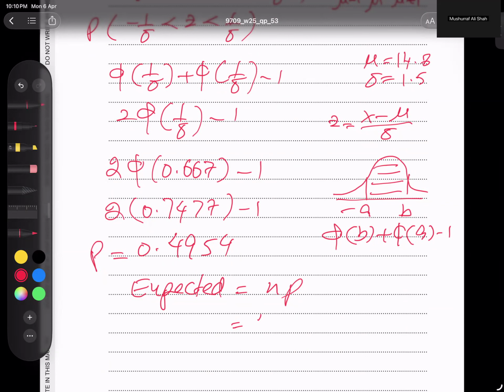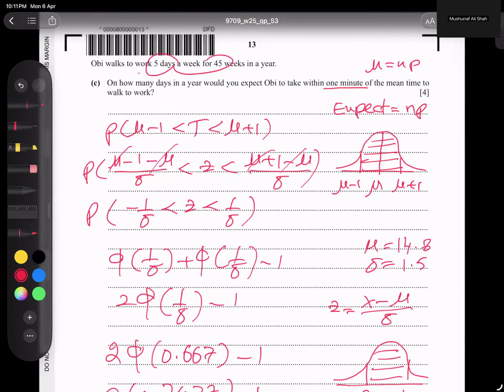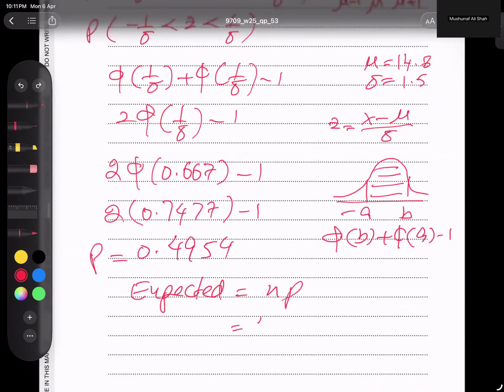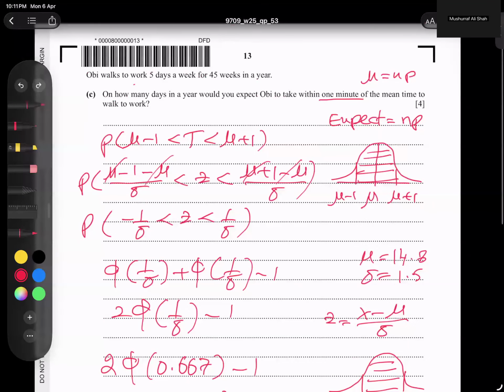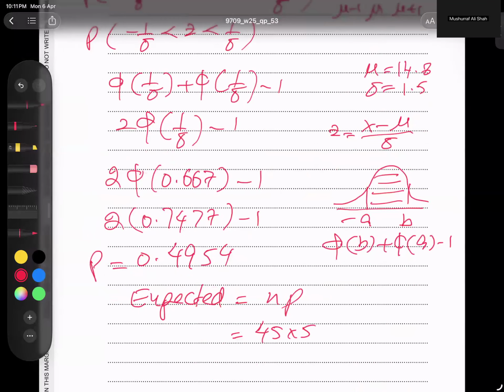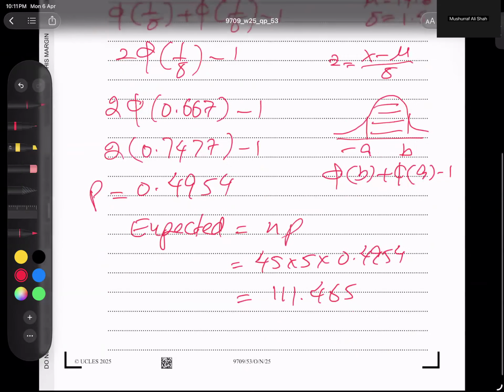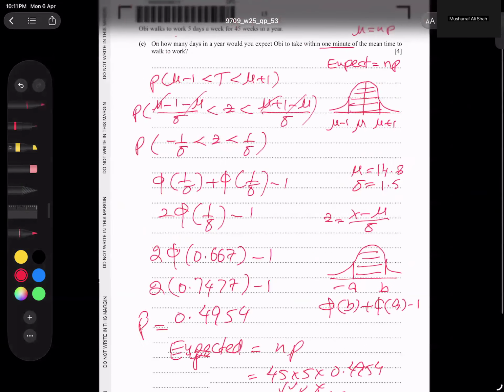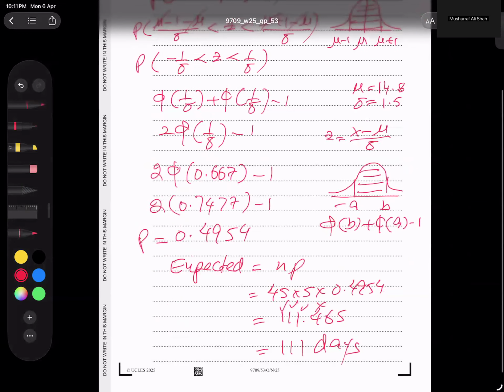One thing before I start: because it is 5 days for 45 weeks, n is 45 times 5, and the probability is 0.4954. The answer turns out to be 111.465. I need 3 significant figures, so 111 days. So I think the point is very clear, and we have done the complete question.